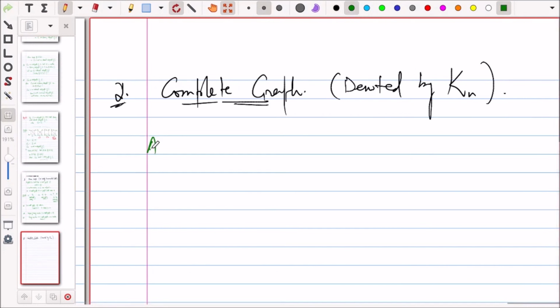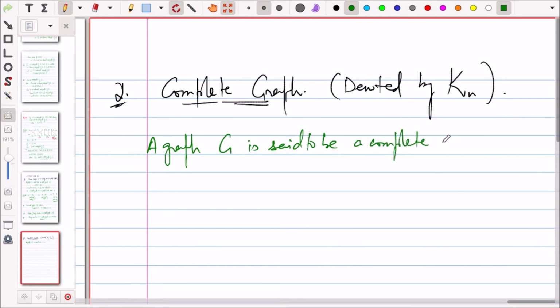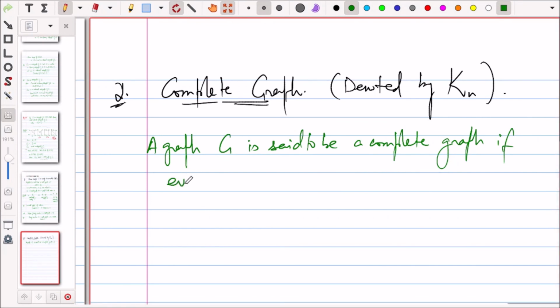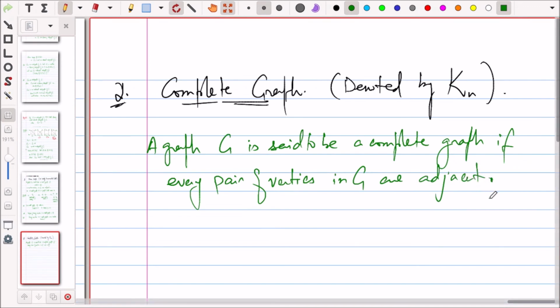A graph G is said to be a complete graph if every pair of vertices in G are adjacent. सारे के सारे adjacent होने चाहिए एक दूसरे से. ठीक है?